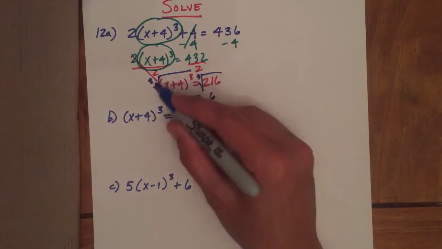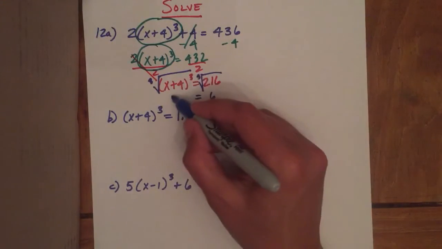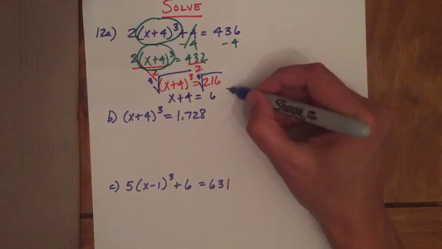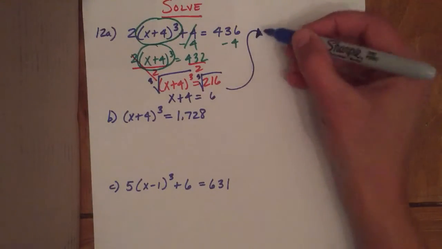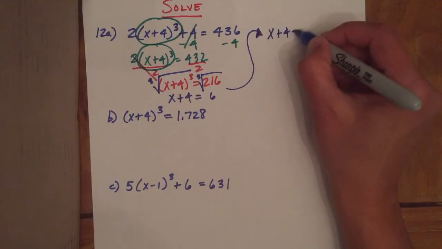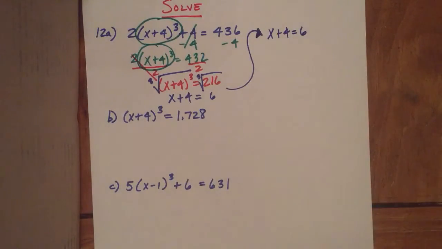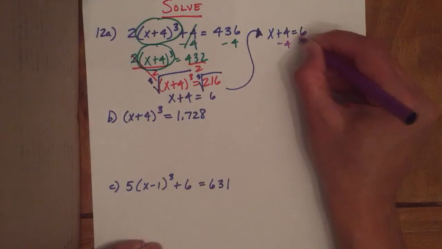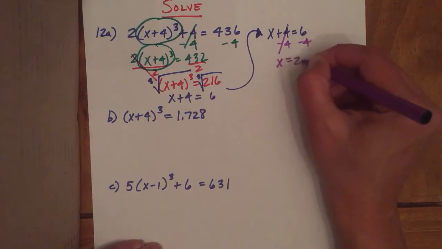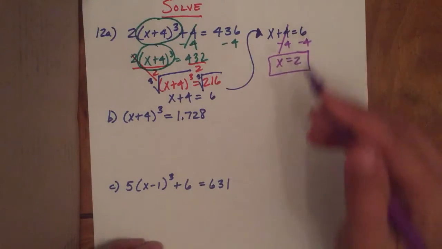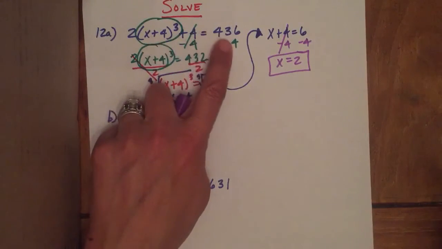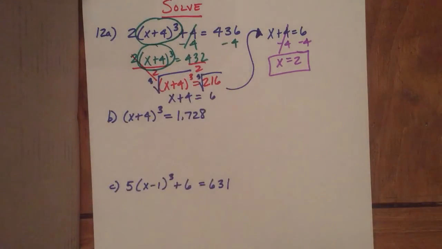When you take the cube root of x plus 4 cubed, you just get x plus 4. So we'll come up here, since we're running out of room. So I have x plus 4 equals 6. My last step is just to isolate the x. So I'm going to subtract 4 from both sides, so x equals 2. If I were to go back and plug 2 into this equation, I would end up getting this answer.